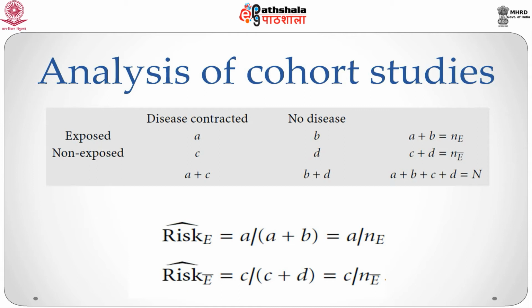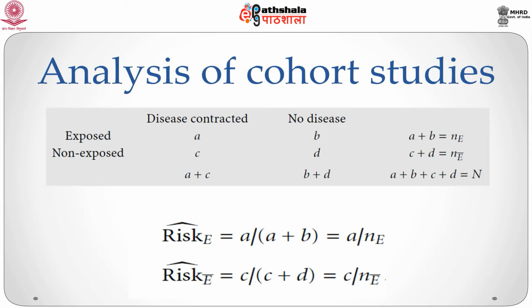They can also be classified as diseased or non-diseased based on a binary classification of disease. So A, for example, is the number of subjects who were exposed and had the disease, and so on.